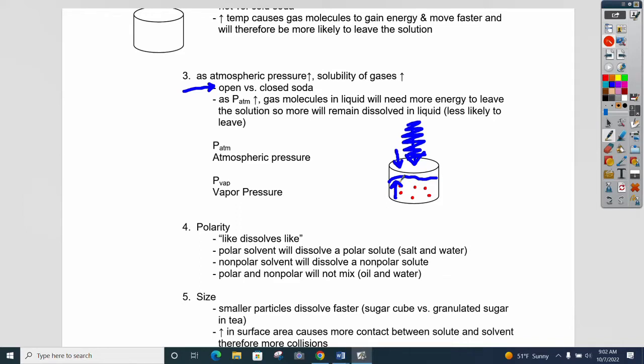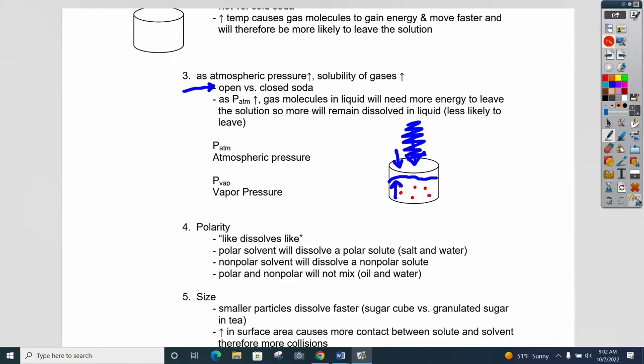They don't need as much energy. So you see the CO2 fall out of solution, you see it turn to a gas, it's no longer dissolved in the liquid, it rises to the surface and it leaves. So you have less gas dissolved, so your solubility goes down.